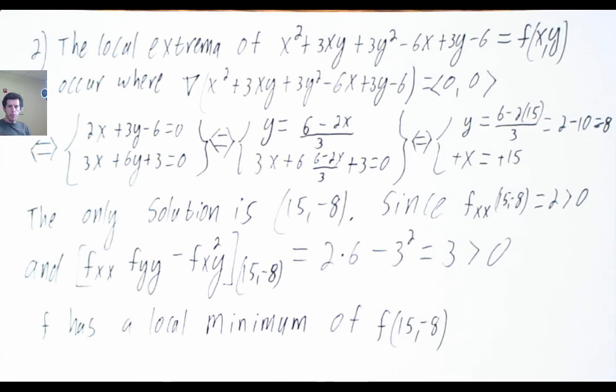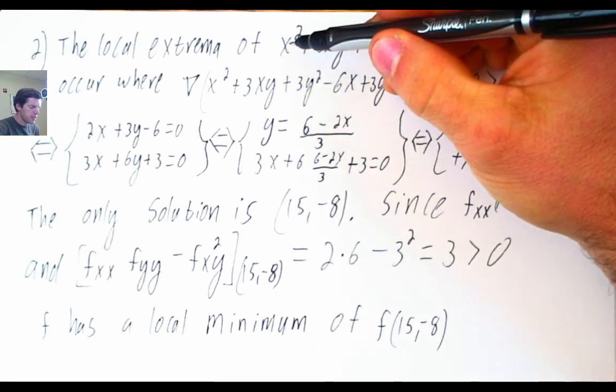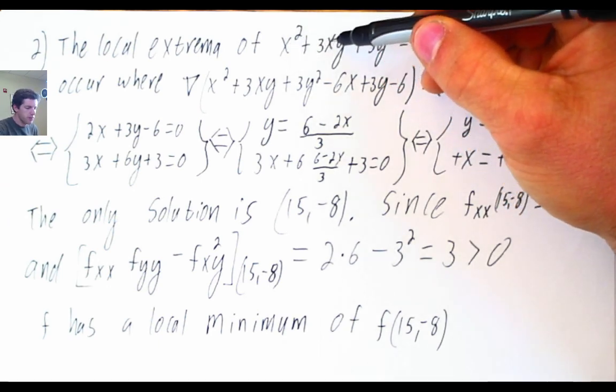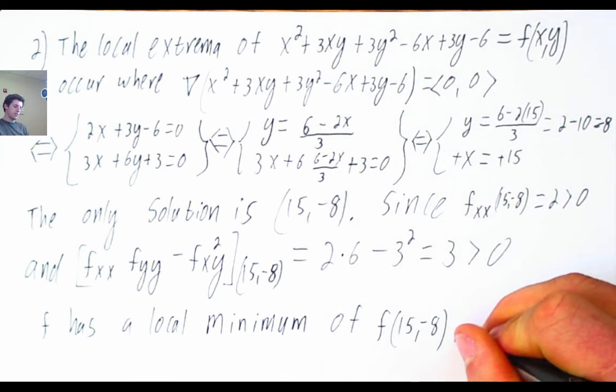You know what, I feel like putting a period mark right there. I could figure out what f of 15, negative 8 is, but I'd have to put 15 squared plus 3 times 15 times negative 8. No thanks. There we go.